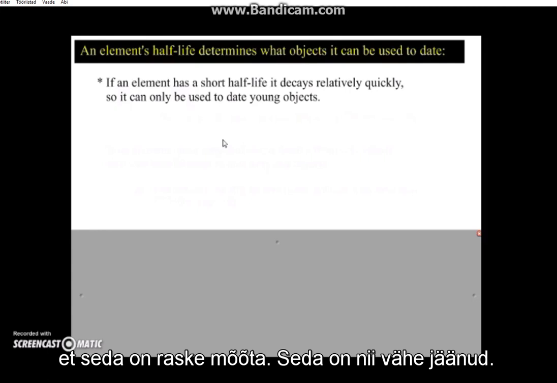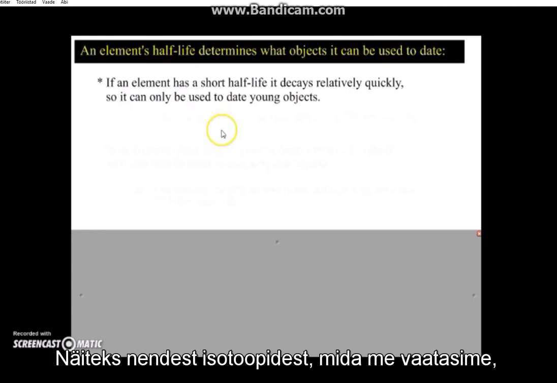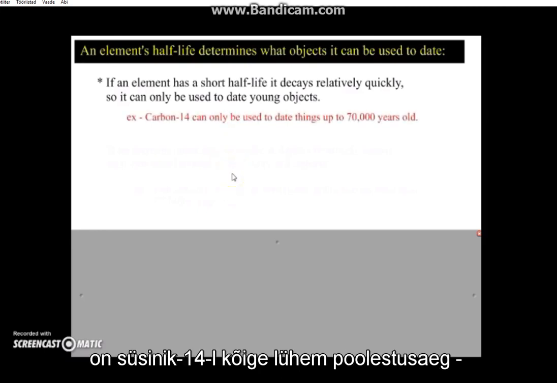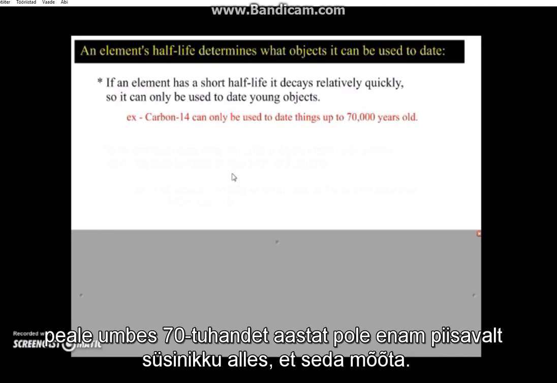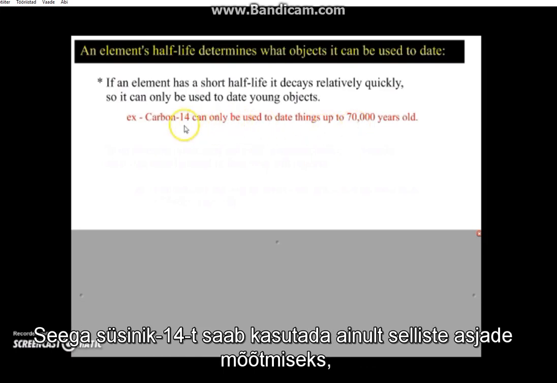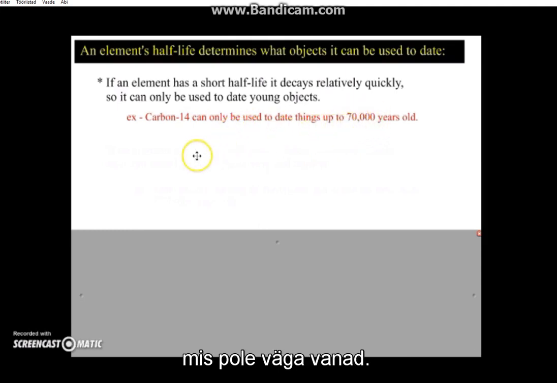There's going to be so little of it left. For example, out of the isotopes we've been looking at, carbon-14 has the shortest half-life, right? 5,700 years for half of it to decay. After around 70,000 years, there's not going to be enough carbon left to even measure. So you can only use carbon-14 for things that are not very old.